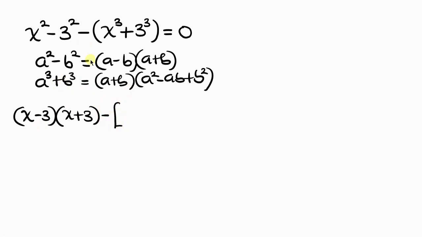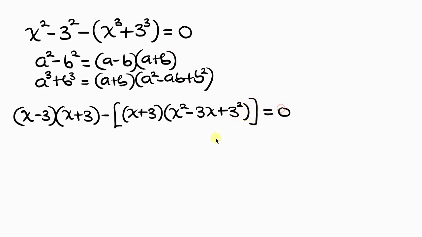For the sum of two cubes, we're going to apply this property. So this becomes x plus 3 times x squared minus 3x plus 3 squared. Very good. And then close the final bracket, equal to 0.